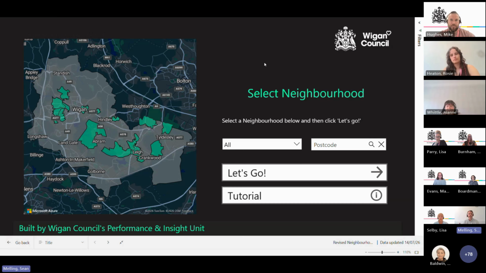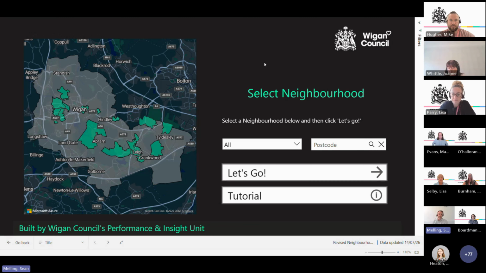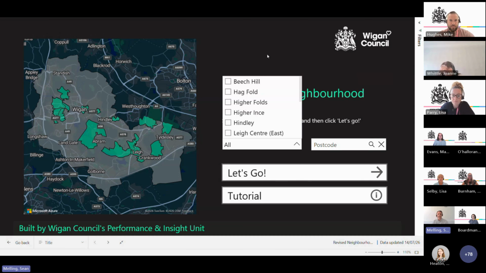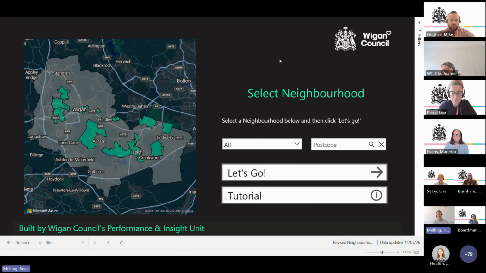basically you'll see a link. This will be on our council's internet page, and that's purposeful so that communities can access this, other partners can access this, but also our workforce as well. As you click that link, you'll be met with this screen. And basically you've got a drop down box that tells you where you want to go in terms of what neighbourhood, but you can also select postcode as well.